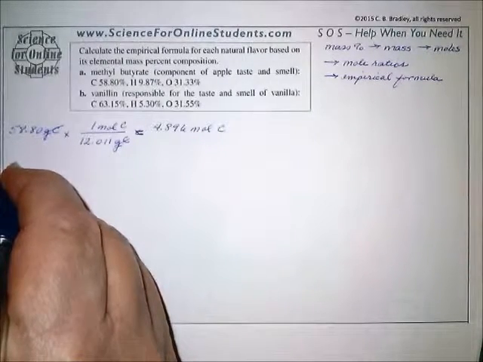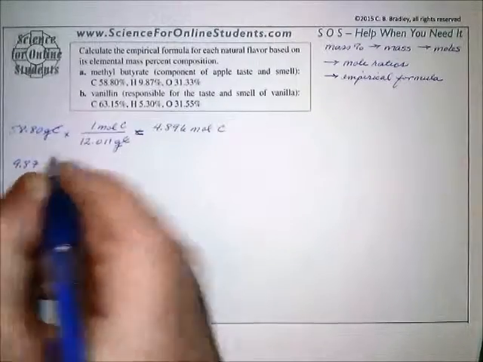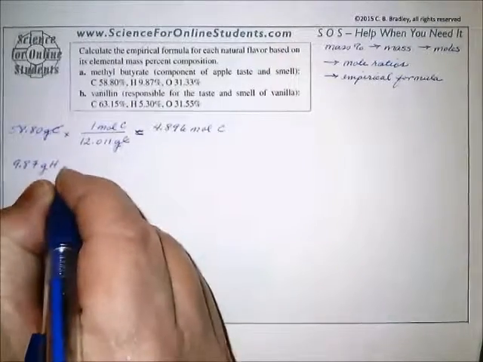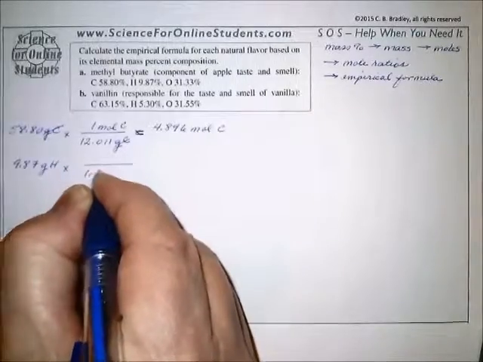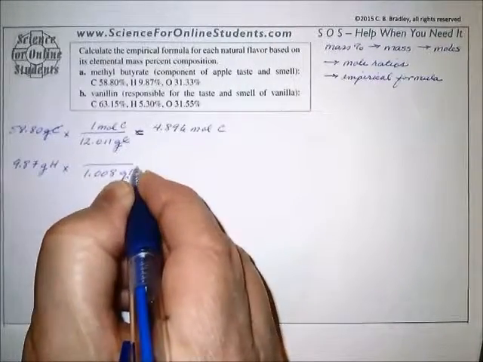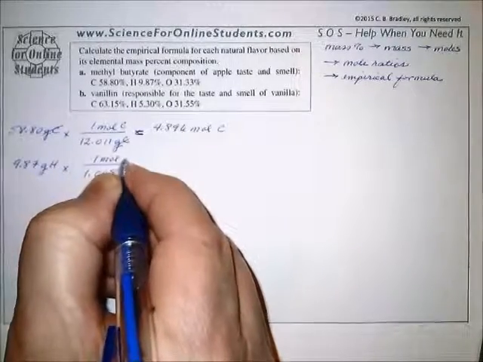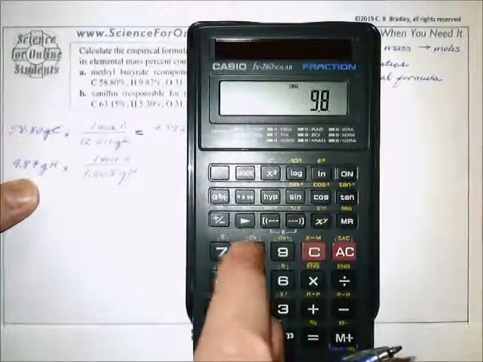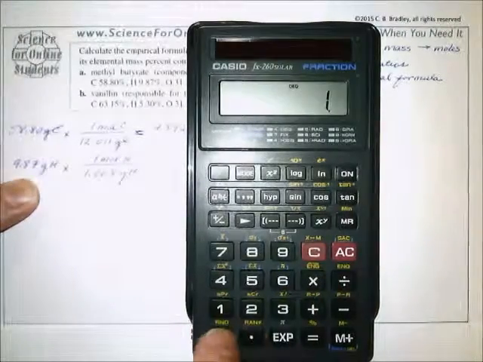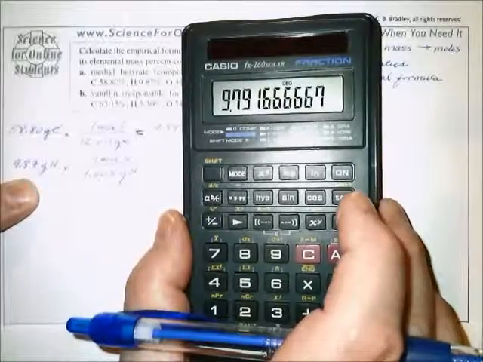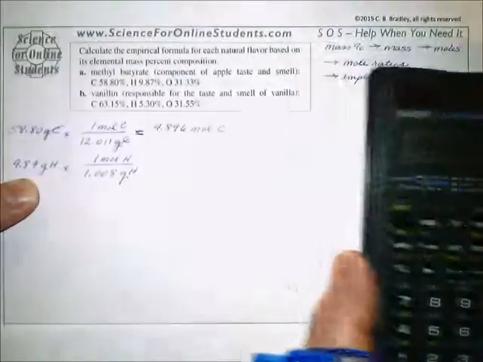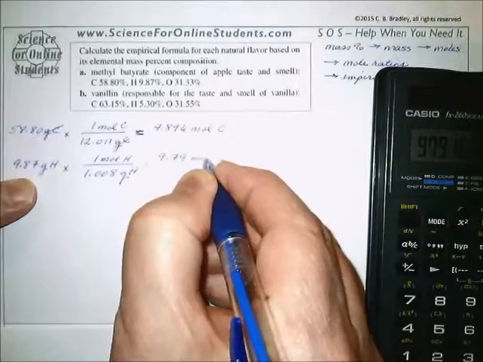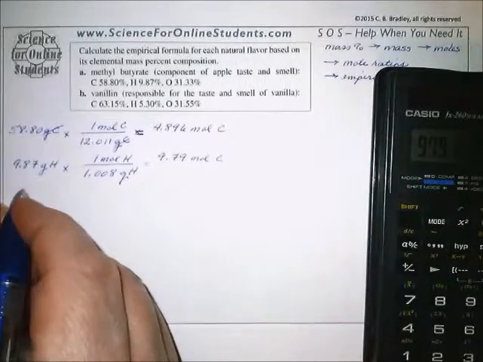It's 9.87%, and so that would become 9.87 grams of hydrogen. 1.008 grams of hydrogen is 1 mole of hydrogen. 9.87 divided by 1.008, and we get 9.79 moles of hydrogen.